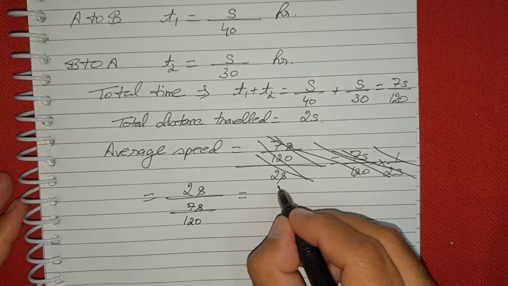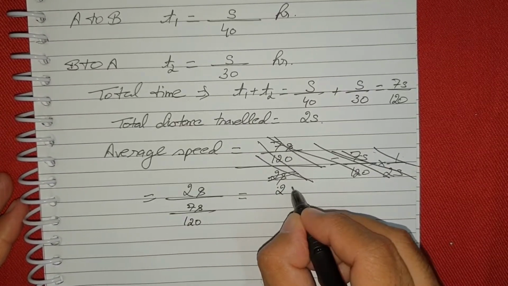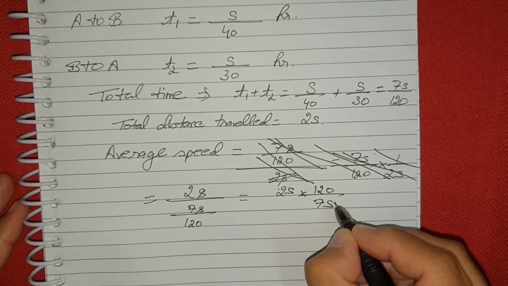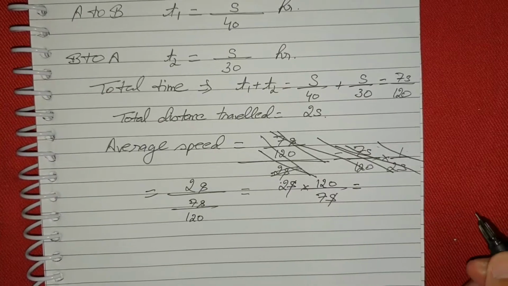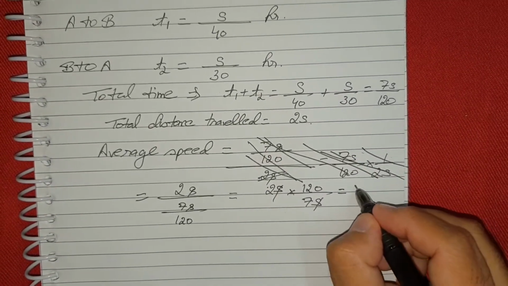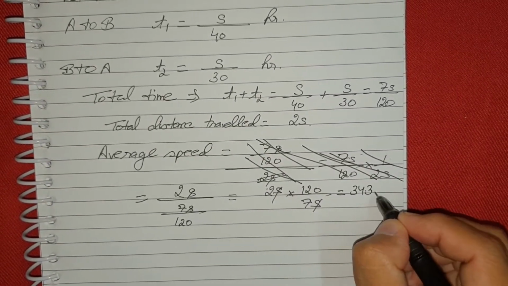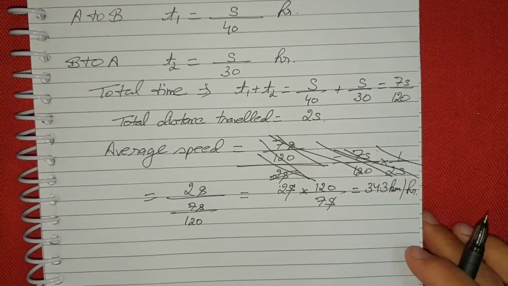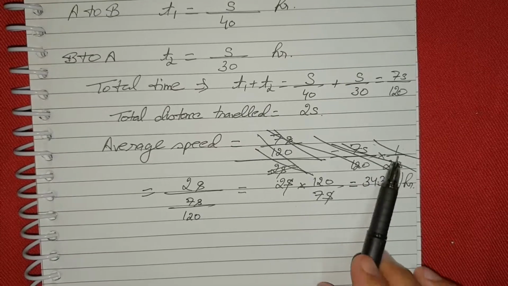So, if you solve this, this will be 2s into 120 by 7s. s and s will get cancelled. This will be 34.3 kilometer per hour. So this is the average speed. I am really sorry for this.